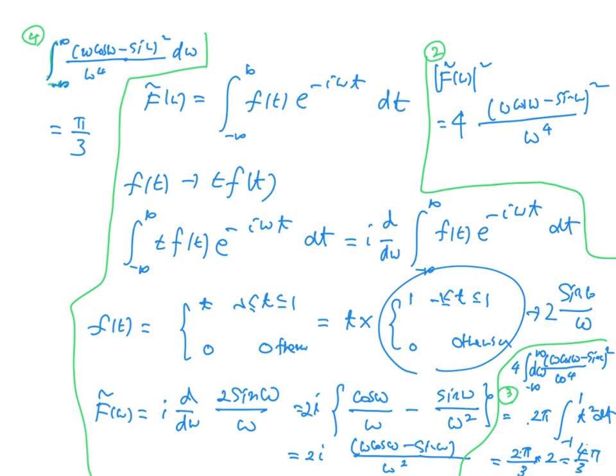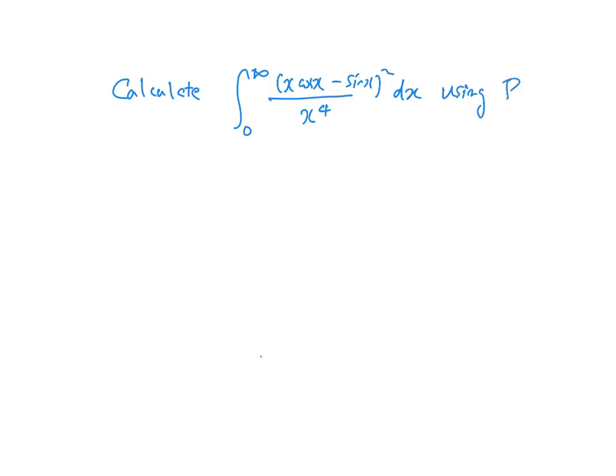So actually, in the actual final exam, a potential problem can be like this: calculate the integral from 0 to infinity of (x cosine x minus sine x) squared over x to the fourth dx, using Parseval's theorem. You now know how to do that, right?